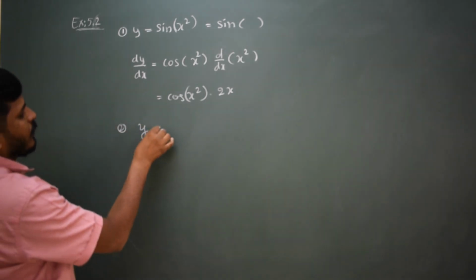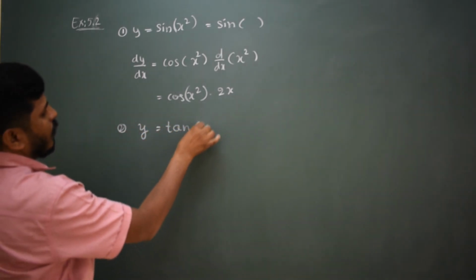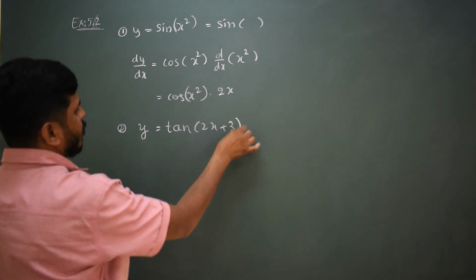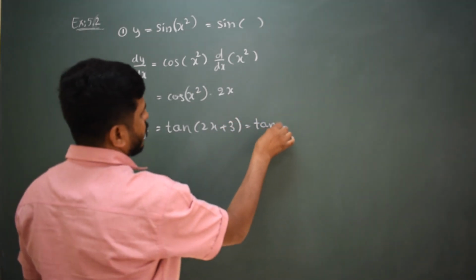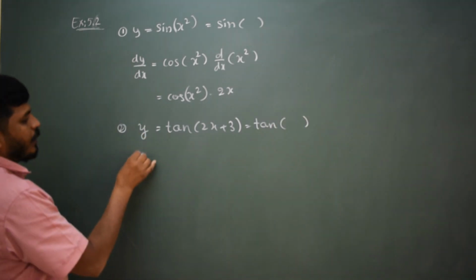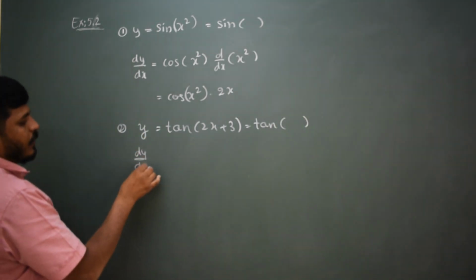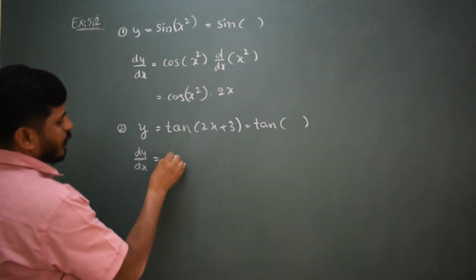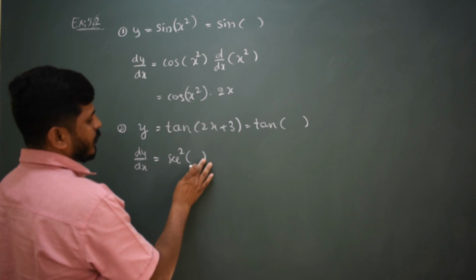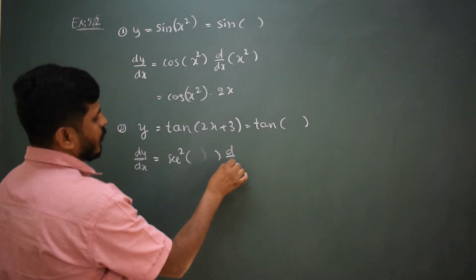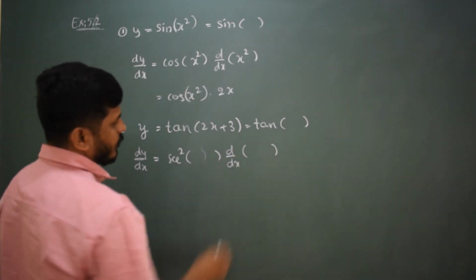Similarly, y is equal to tan of 2x plus 3. How to read this one? This is tan of something. Now dy by dx is equal to, what is the tan differentiation? Secant square. If it is x then x, if it is something then something. Secant square something into d by dx of something.